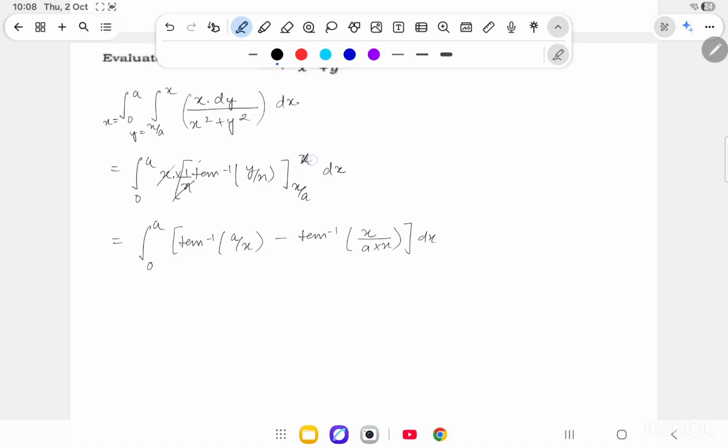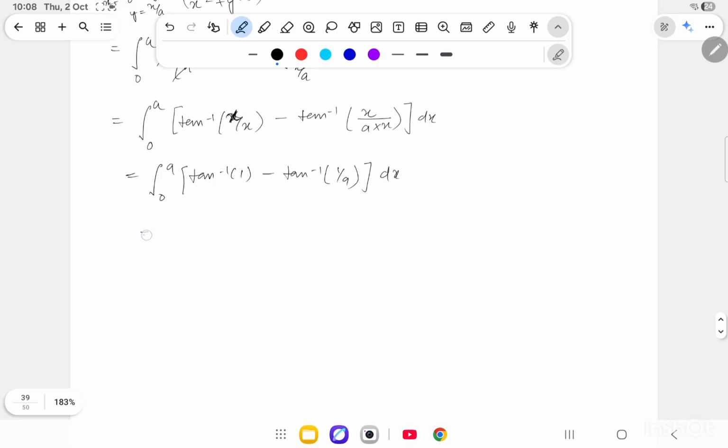It is x here, not a, so it will be tan inverse x by x. So this is integration from 0 to a of tan inverse 1 minus tan inverse 1 by a dx. Tan inverse 1 is pi by 4, so it is 0 to a of pi by 4 minus tan inverse 1 by a dx.